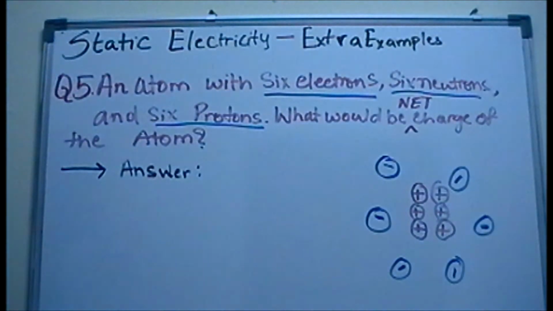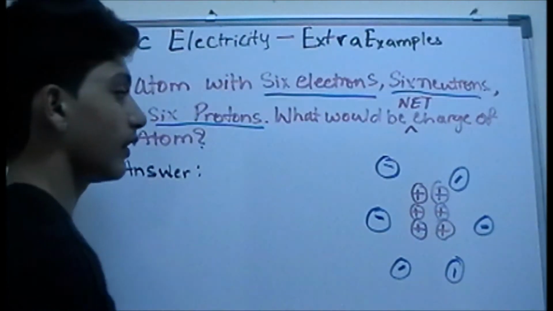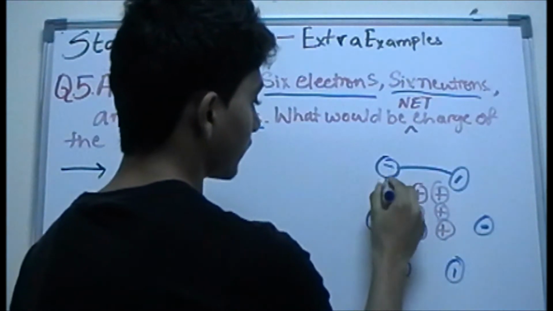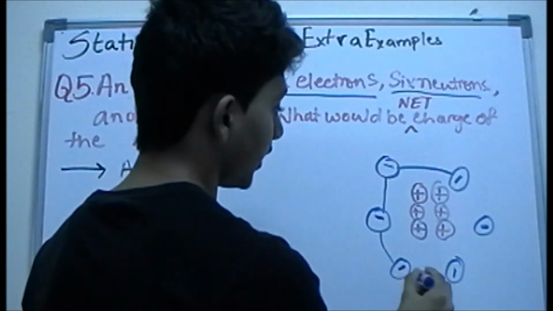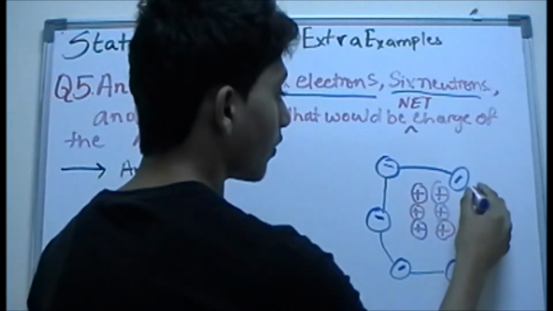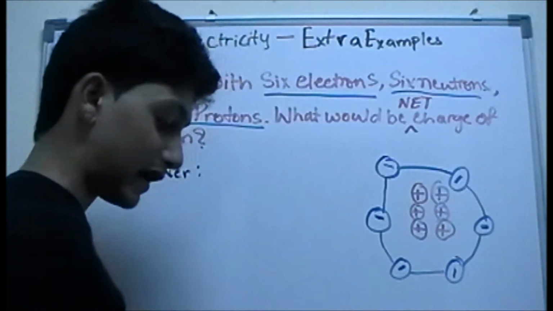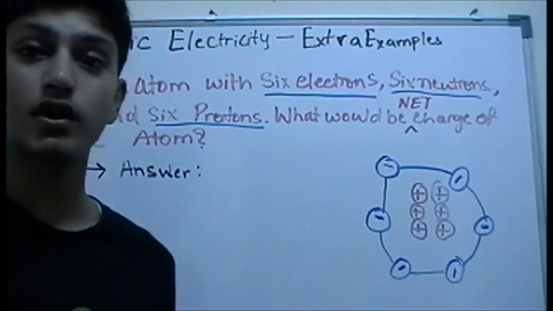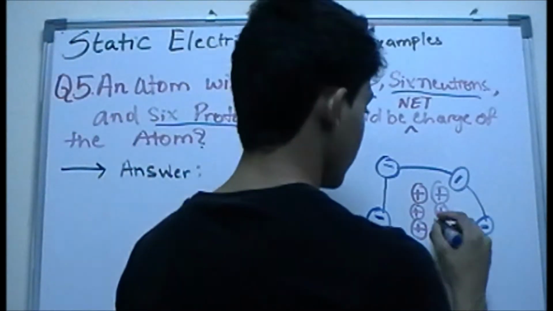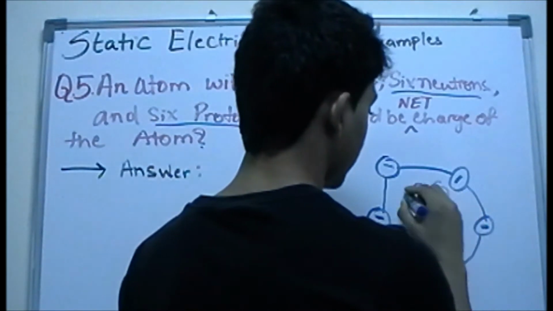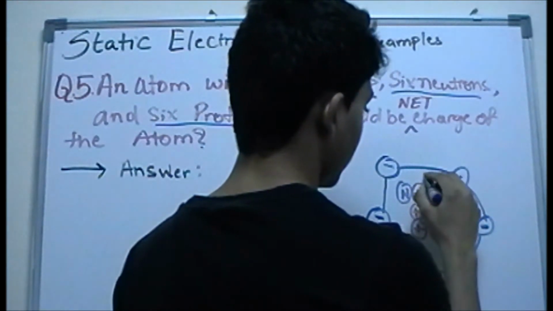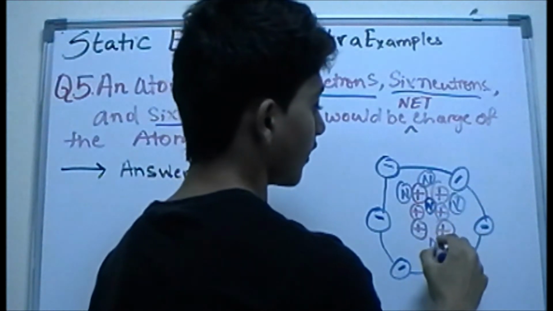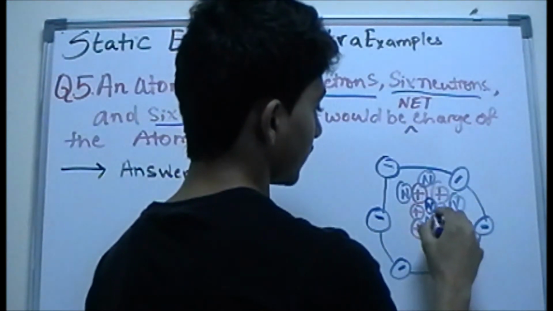What's left are the neutrons. But before that, the electrons are orbiting the nucleus, and we now know that the nucleus consists of protons and neutrons. So let's draw the neutrons: here's a neutron, that's 3, count with me, stay focused, 4, 5, and our last one, 6.